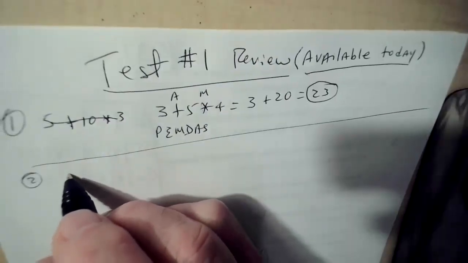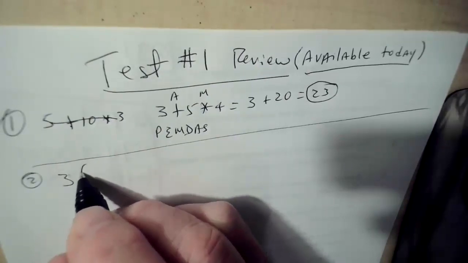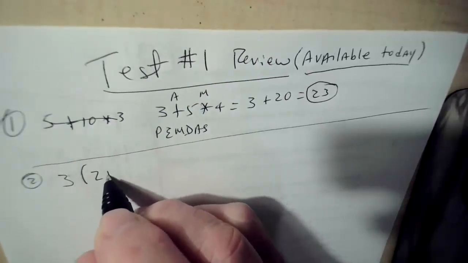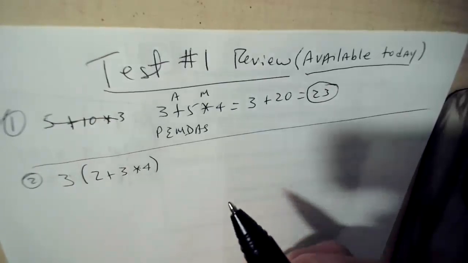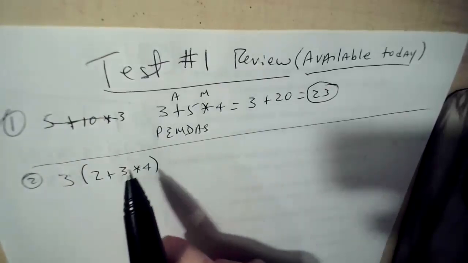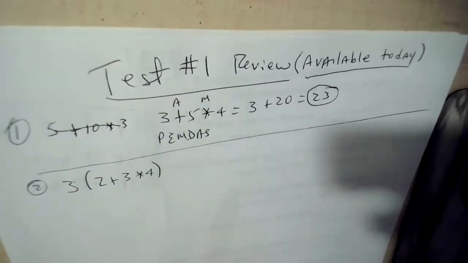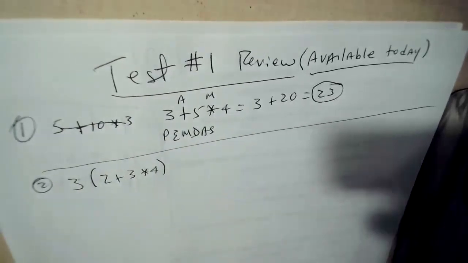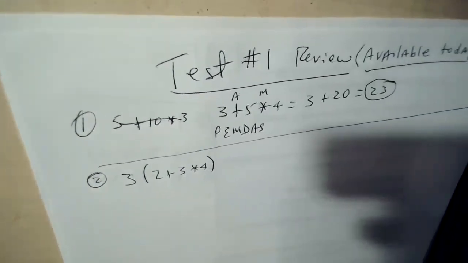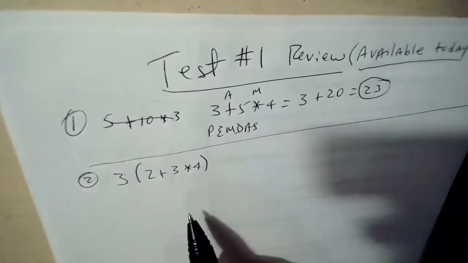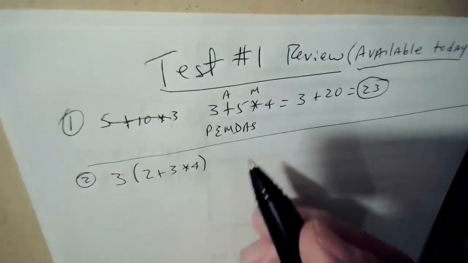Number two is 3 open parenthesis 2 plus 3 times 4 close parenthesis. Now, the P in PEMDAS means parentheses, so we're going to do that first. So we're going to do the parentheses first.